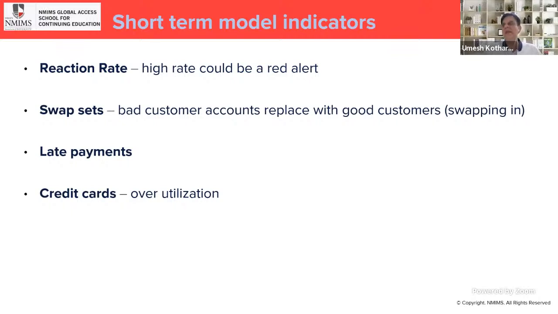I think this normally comes through if the model is able to spot outliers, and these outliers will help you do a deep dive analysis of your data. Data sets like the credit loss, good customers and bad customers, late payments and the behavior towards late payments, and credit card overutilization of limits.